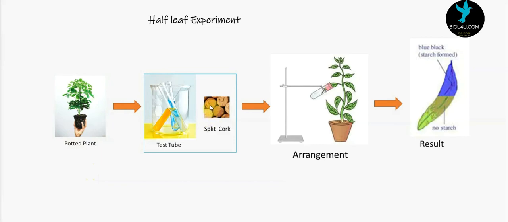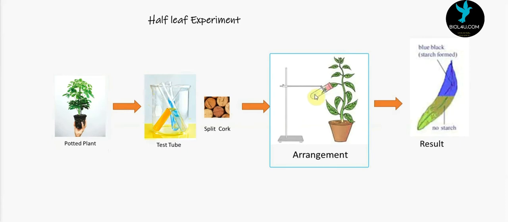The cork is split at the center, and is used to close the mouth of the test tube by partially inserting the leaf inside and partially leaving it outside. In the test tube we took a small amount of potassium hydroxide, and this potassium hydroxide absorbs all the carbon dioxide from the test tube. Half the portion of the leaf is inside the test tube and the remaining portion is outside.